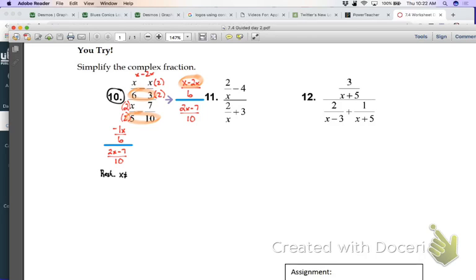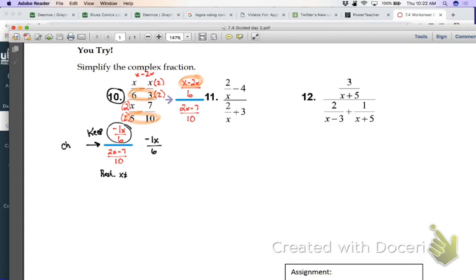So instead of keeping everything stacked, all this really is a division problem. So since it's really just a division problem, I'm going to keep. So I'm going to have negative 1x over 6.